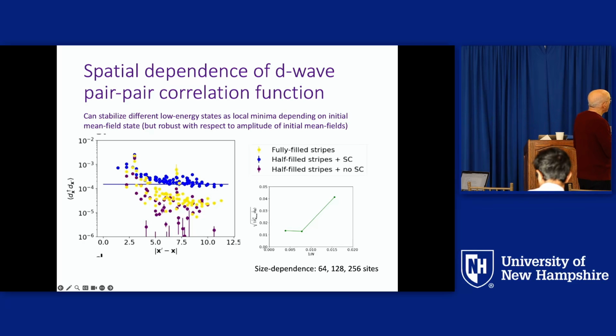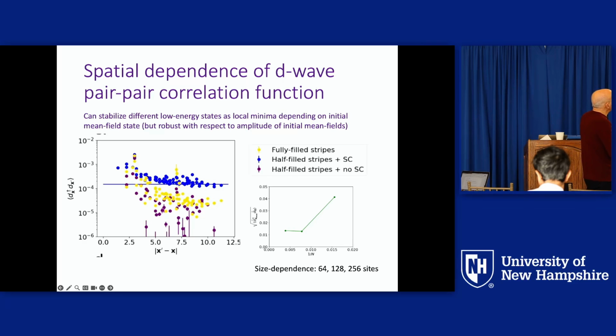And this is comparing three things: the fully filled stripe, which is the yellow one. This is, I think, at T prime equal minus 0.3. So you see that this is a log-linear plot of the pair-pair d-wave correlation. So this state has no pairing.